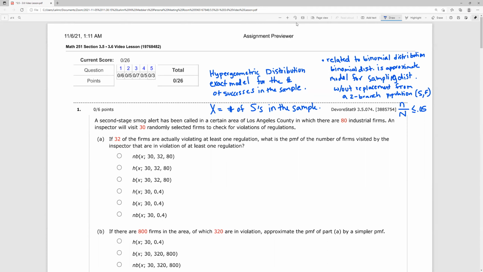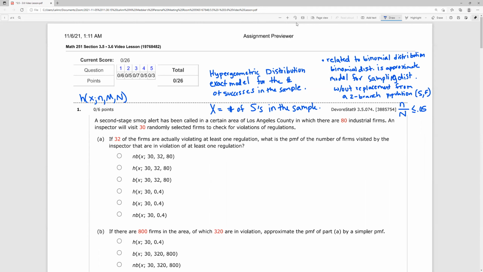Okay, and the notation for this is going to be h of little x, semicolon, n, comma, M, comma, capital N. So that's how we write what we are doing.